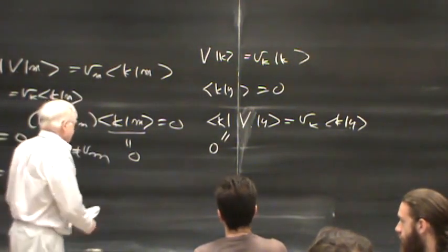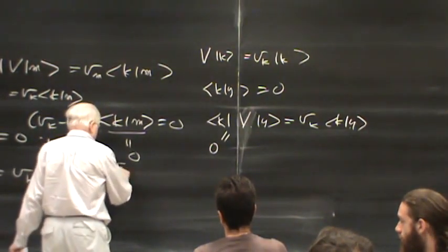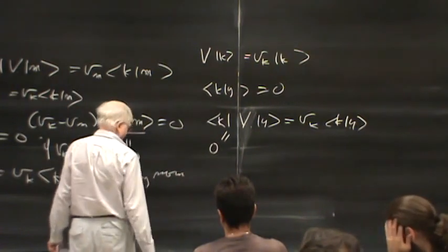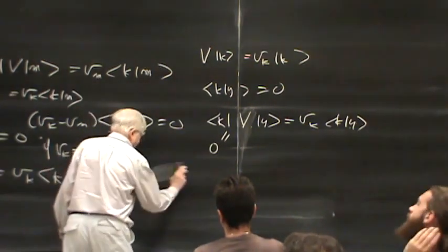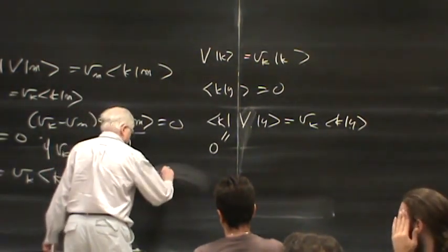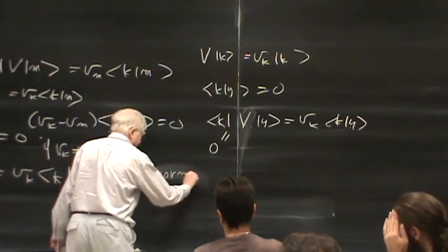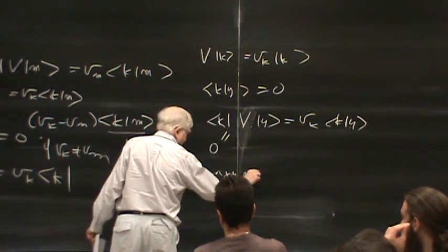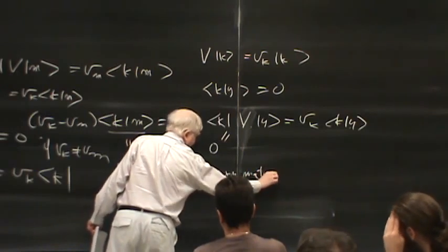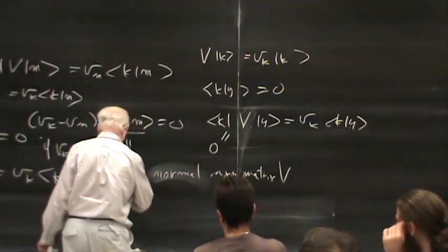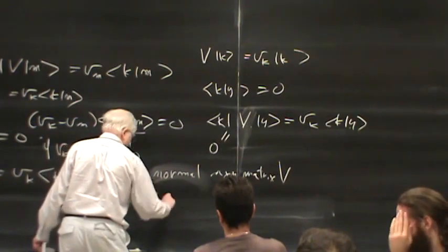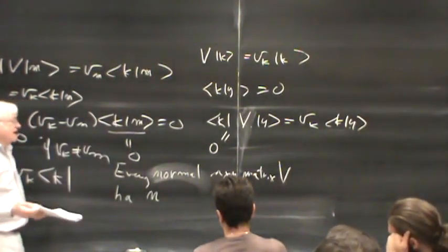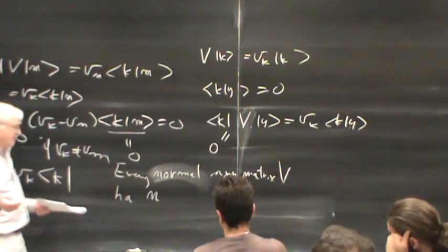we see that every normal n by n matrix V has n orthonormal eigenvectors.